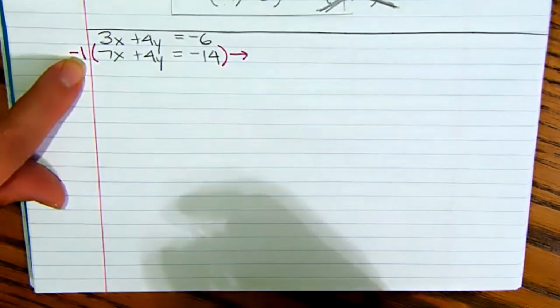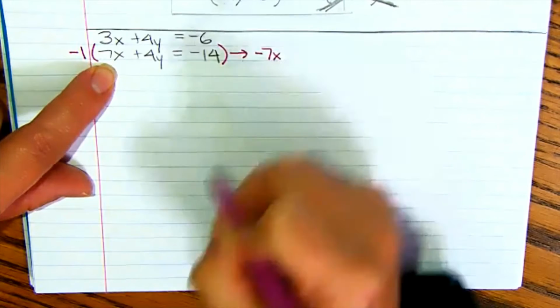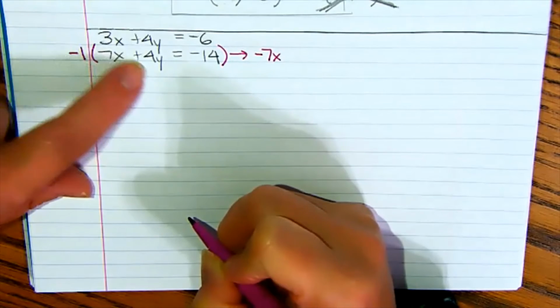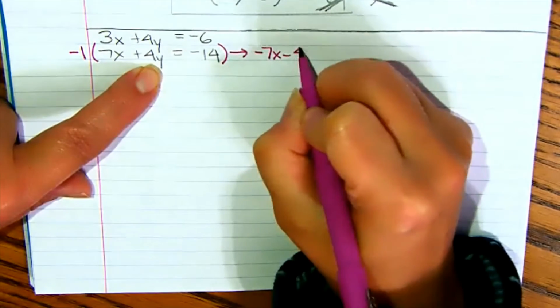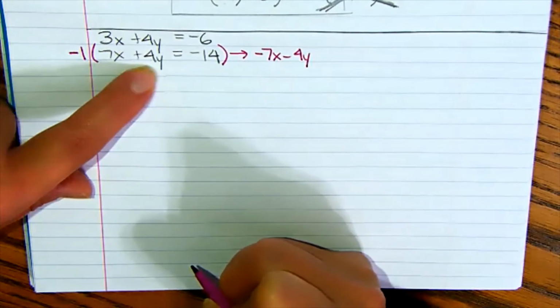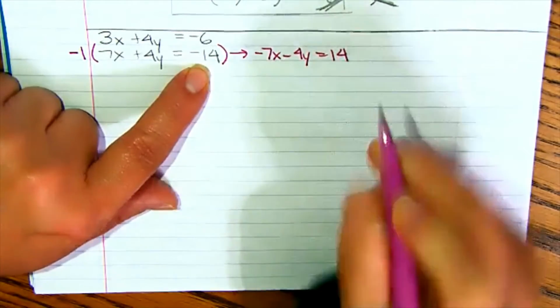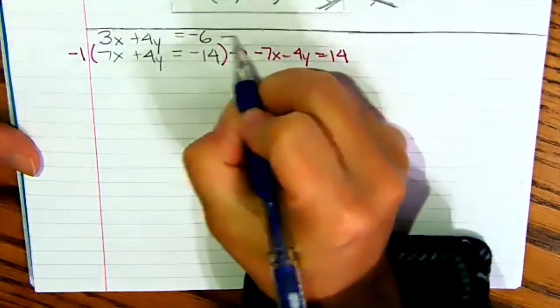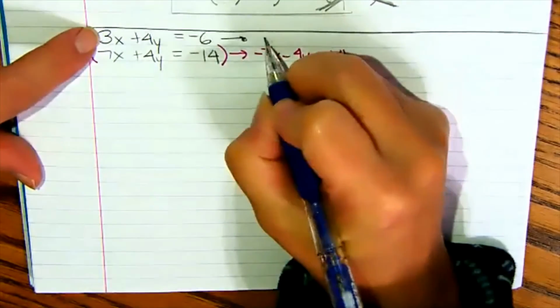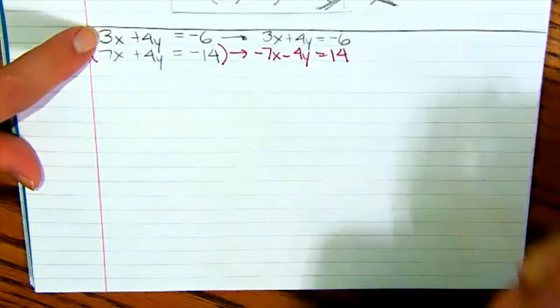And when I do that, I've got -1 times 7x is -7x. -1 times positive 4y is -4y. And -1 times -14 is positive 14. Bring over my original equation, 3x plus 4y equals -6.